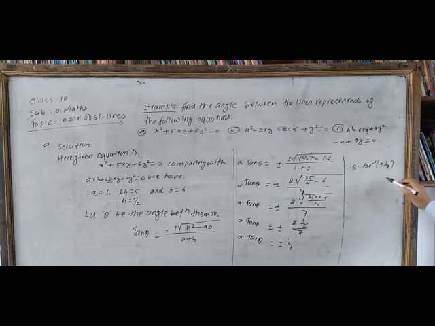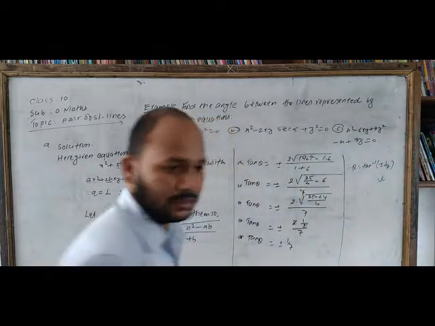If you have a calculator, then find its value by taking positive, and find the value of tan inverse 1 by 7. Other times you take negative and find the value of tan inverse minus 1 by 7. In this way you solve these types of questions.